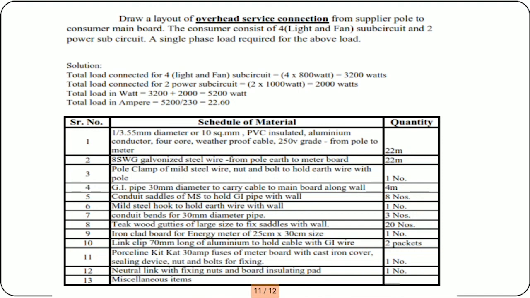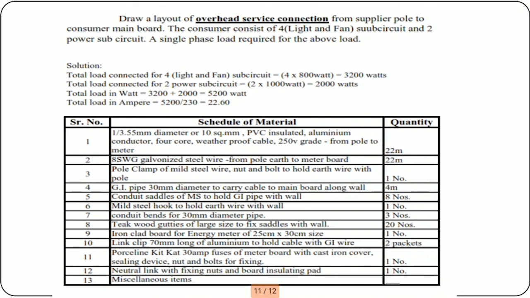Then the total load connected for the 2 power sub-circuits is 2 into 1000 watt, equal to 2000 watt. Then the total load in watts is 3200 plus 2000, equal to 5200 watt. Then load in ampere: 5200 divided by 230 volt is equal to 22.60 ampere.